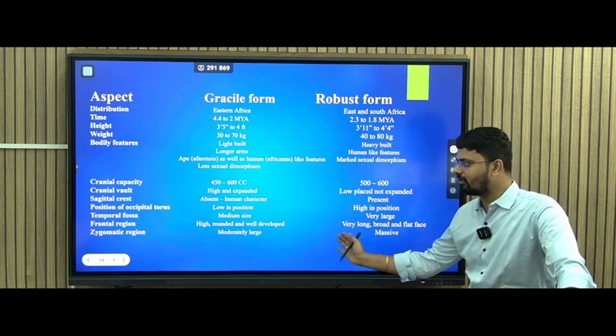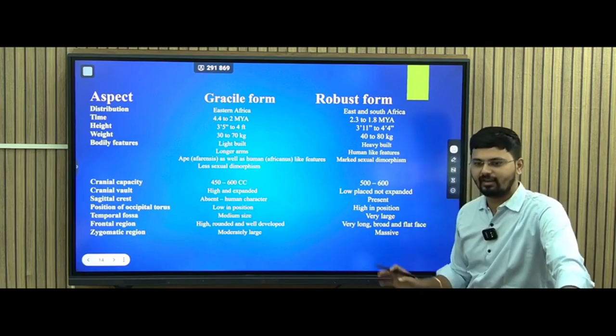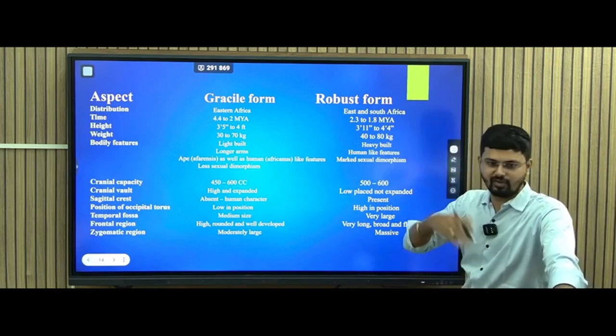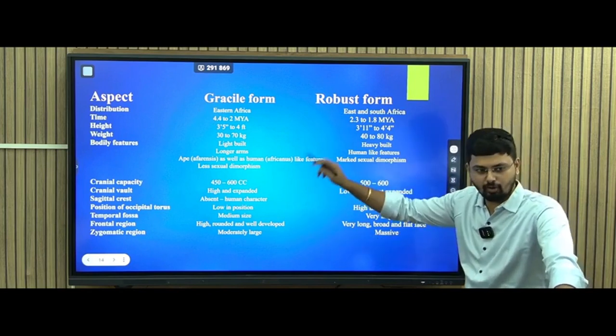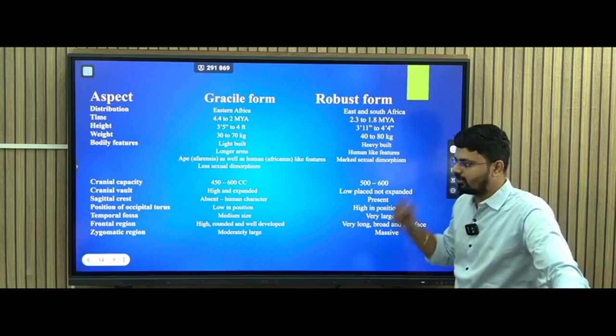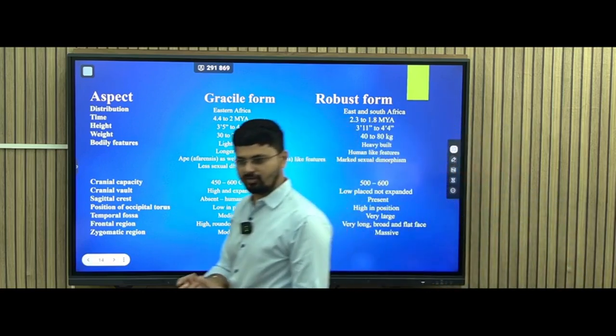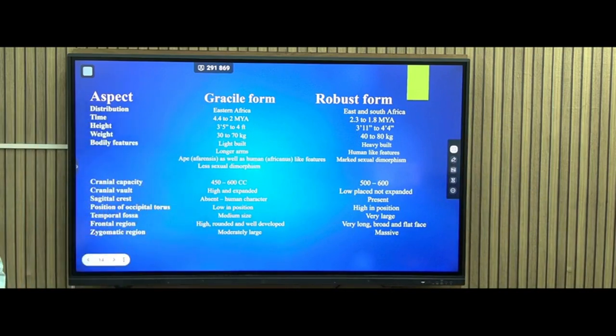So you need not write that it is high, rounded and well developed. You can write that here it is a flat face, and here it is prognathous, and then there it is round, and here it is flat or receding. So just use simple words, need not complicate yourself, just have an idea. Later on you can write in your own words if you understand what has been discussed.